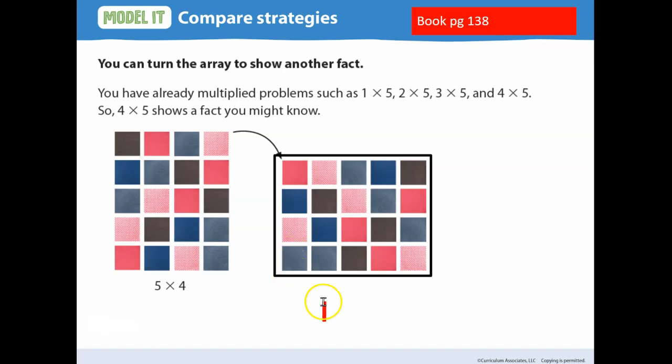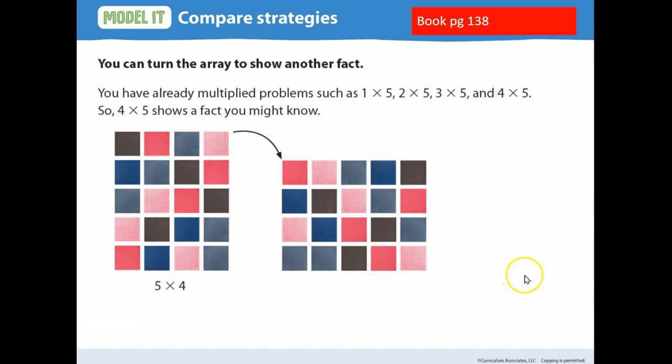Now I have 4 rows. Times how many in each row? Count across. 1, 2, 3, 4, 5. Do I still get the same answer? Yes, I do. It's just flipped sideways.